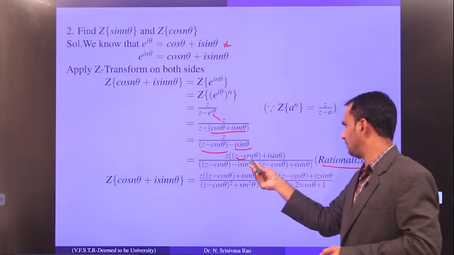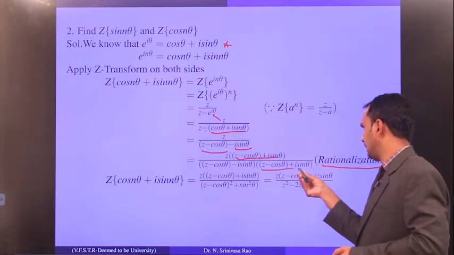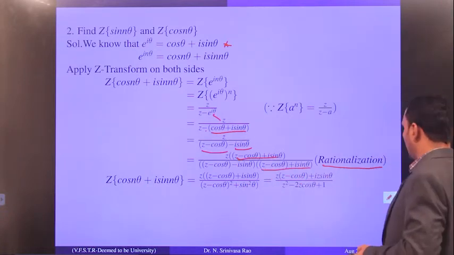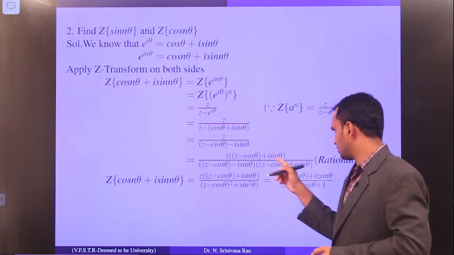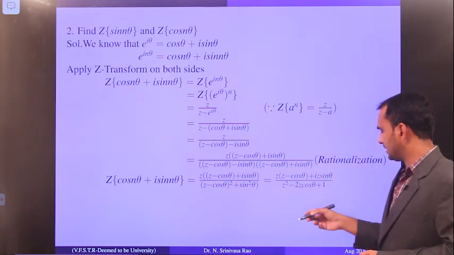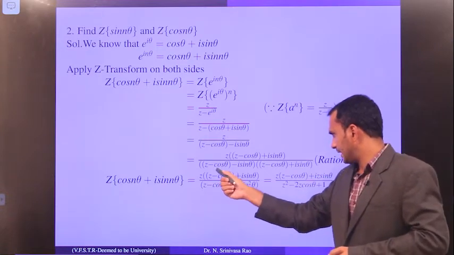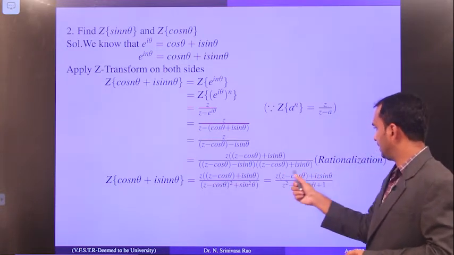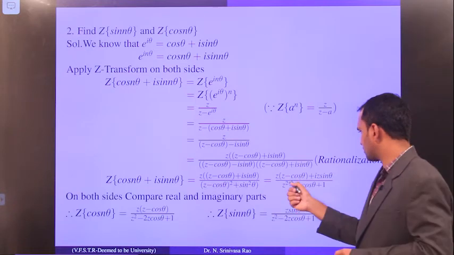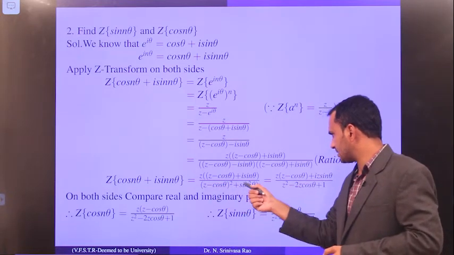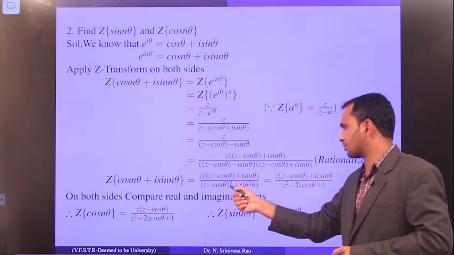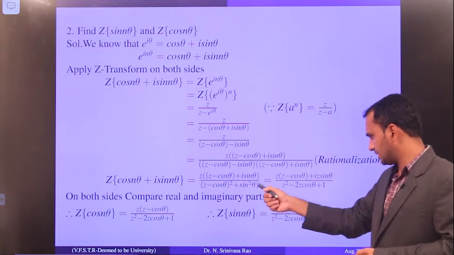So you will get Z into Z minus cos theta plus i Z sin theta divided by, this is a minus b into a plus b, and the formula is a square minus b square. So you will get Z minus cos theta whole square plus sin square theta.